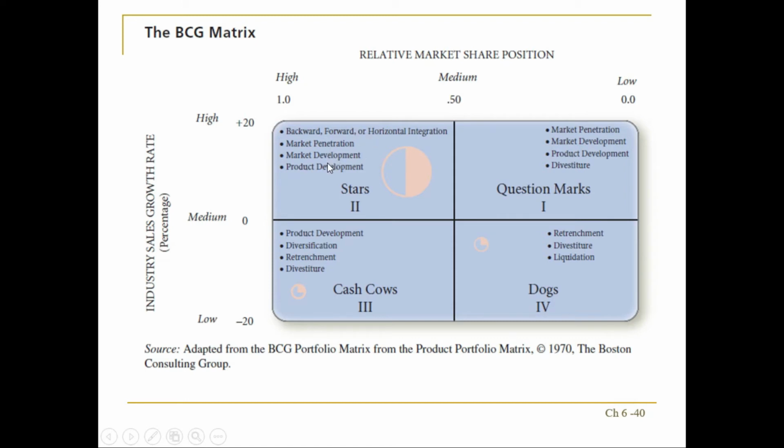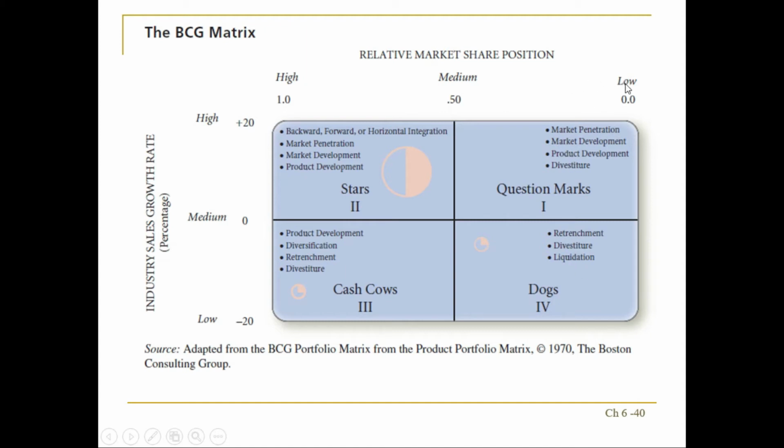Market penetration, market development and product development also exist in that quadrant. And in the third quadrant, the cash cows, product development, diversification, retrenchment and divestiture are needed. In the same way, in the dogs quadrant, retrenchment, divestiture and liquidation policies are suggested.